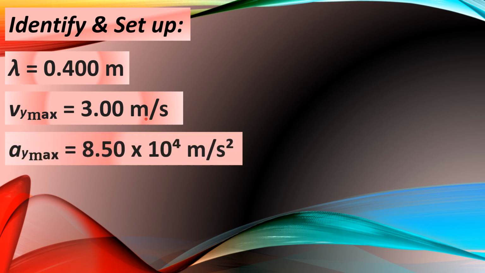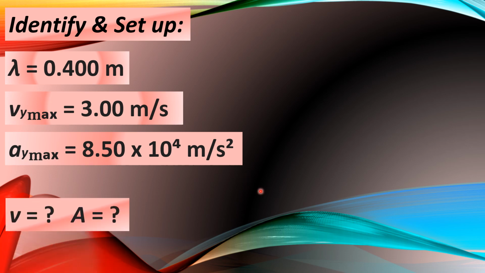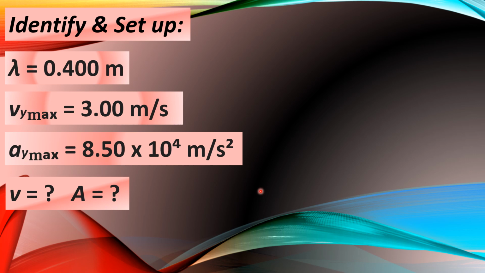And we also have the maximum transverse acceleration, a sub y max, equal to 8.50 times 10 to the fourth power meters per second squared. The target variables are the speed of the wave propagation, denoted by small letter v, and the wave's amplitude, denoted by capital A.